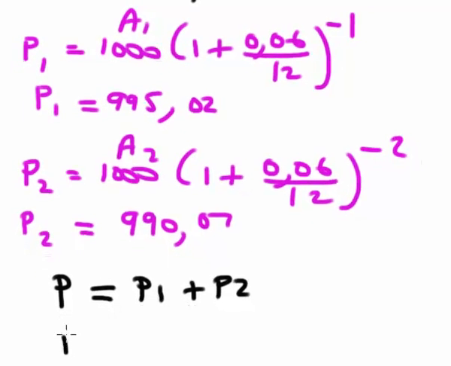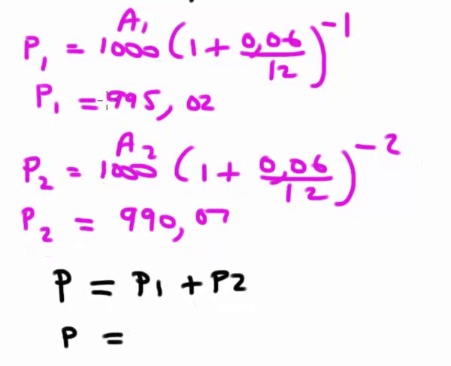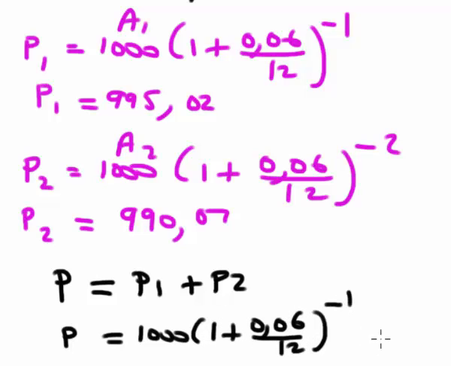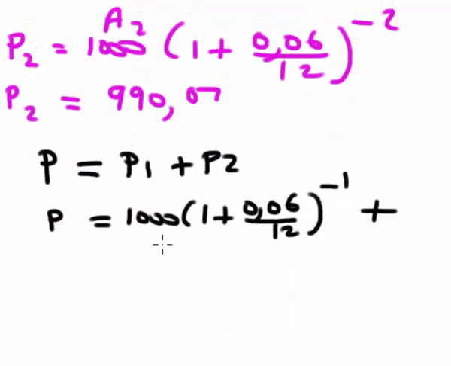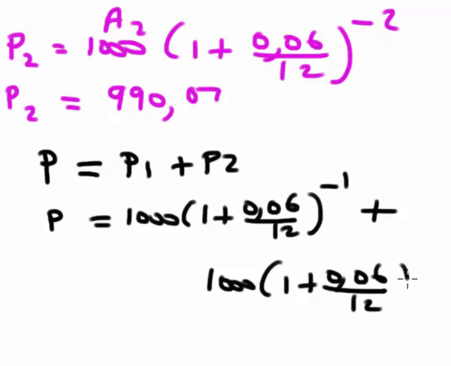So P is the 1,000 at T1 times 1 plus 0.06 over 12 to the negative 1, that's that 995, and then we're adding the other loan, at T2, whose present value, or what you borrowed, was 1,000 into 1 plus 0.06 over 12 to the negative 2.